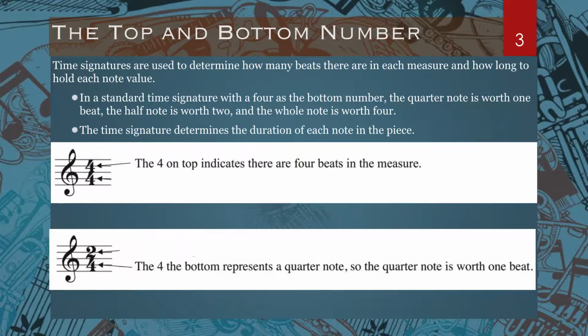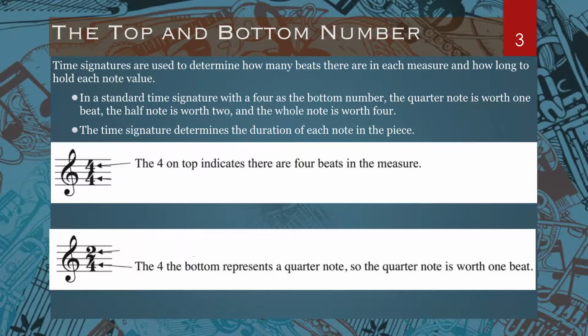So if you remember from the previous lecture, we talked about how all these note values are named based on their relationship to the whole note. So a quarter note, you're going to have 4 of those in a single whole note. What that means is, in this particular example, with the 4/4 time signature, it's telling you that the quarter note is going to get 1 beat because there are 4 quarter notes in a whole note.